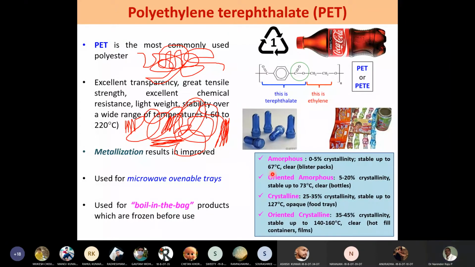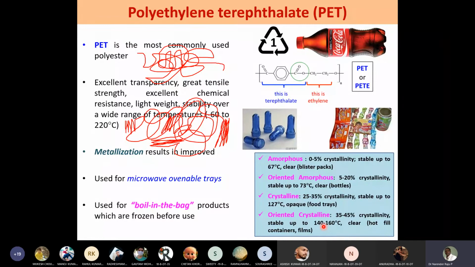However, when the crystallinity is increasing to near 45%, the heat stability is increasing to about 160 degrees centigrade. That means when the crystallinity is increasing from 5 to 45% roughly, your material is getting more and more heat stable, and that material can be subjected to thermal processing or heat sterilization applications.